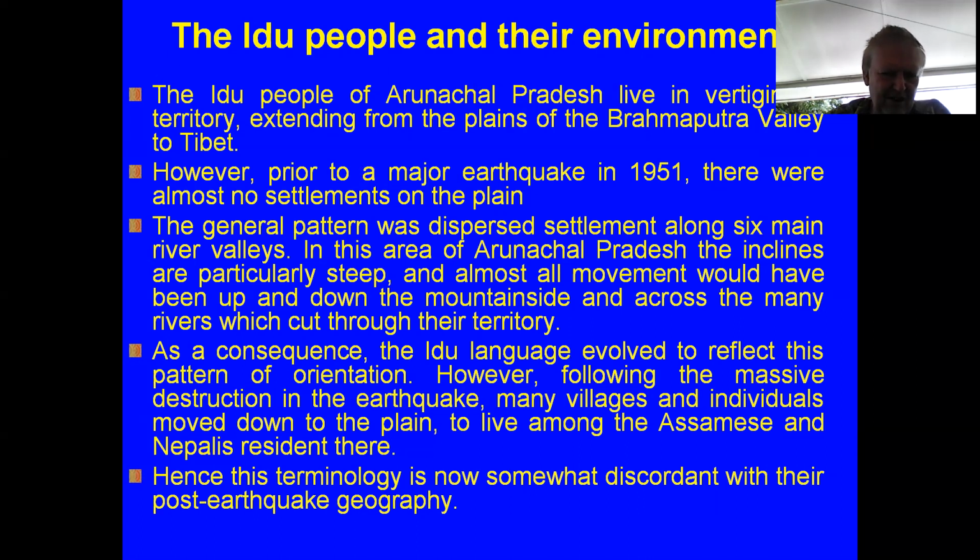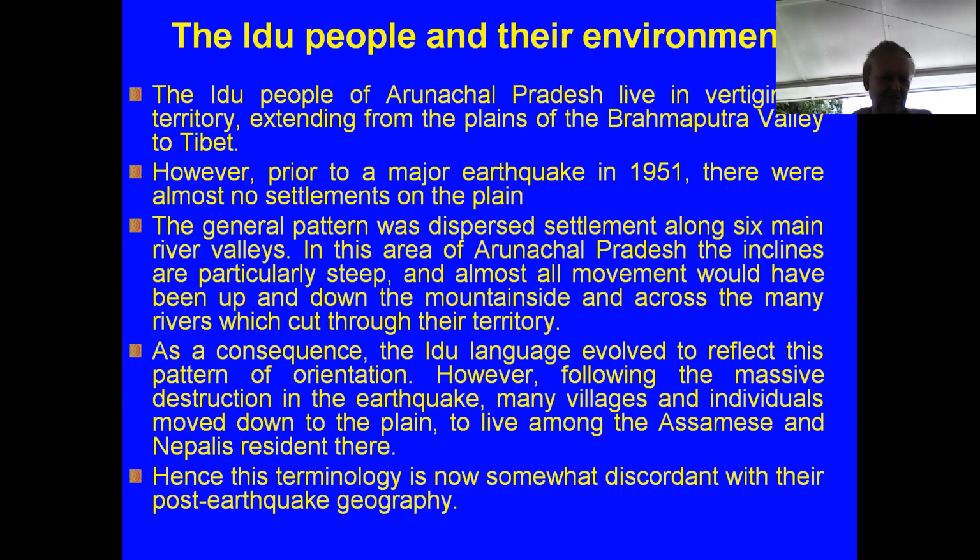In this area of Arunachal, the inclines are particularly steep, and almost all movement would have been up and down the mountainside and across the many rivers which cut through their territory. As a consequence, the Idu language evolved to reflect this pattern of orientation. But what happened after the earthquake was that many villages were swallowed up and individuals made homeless.